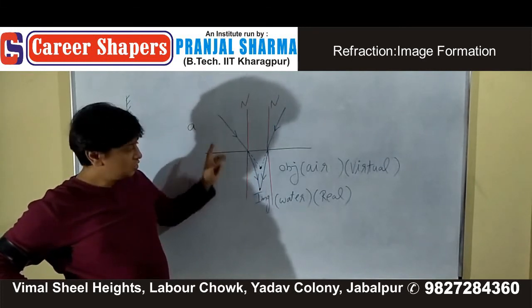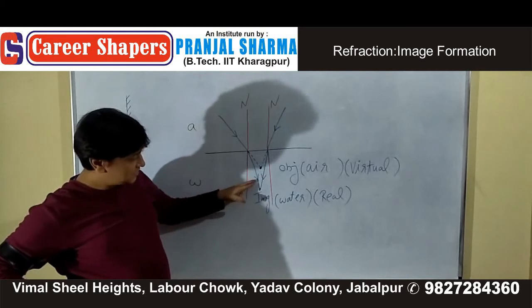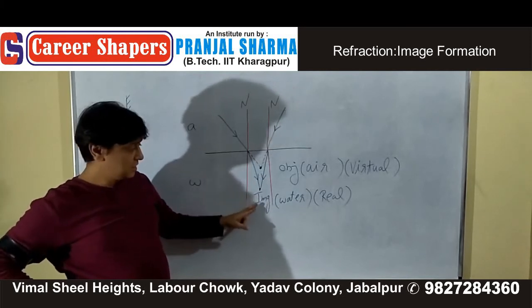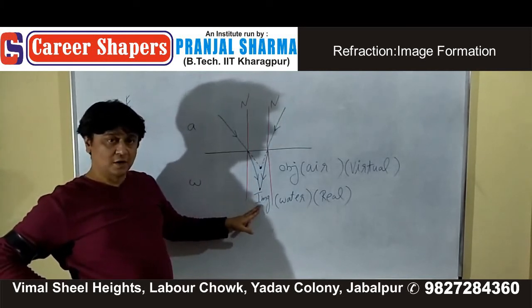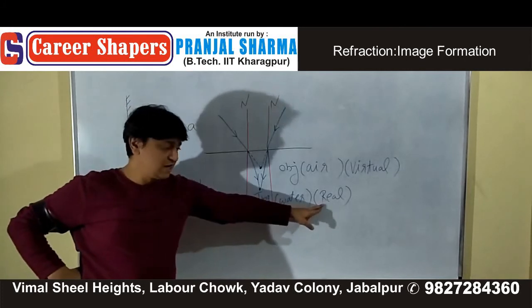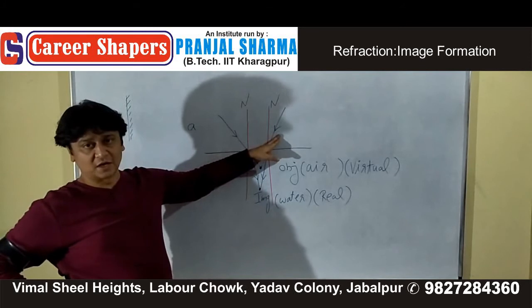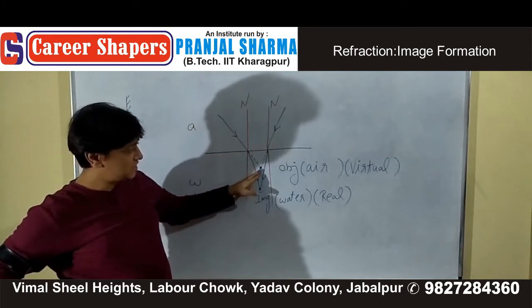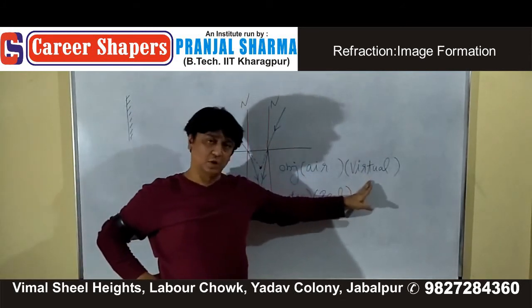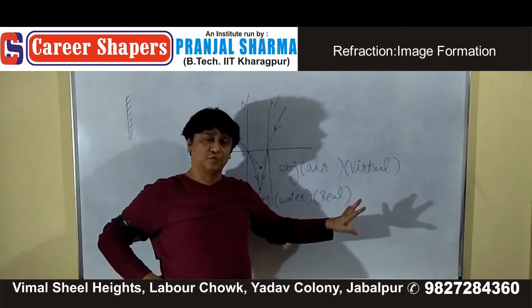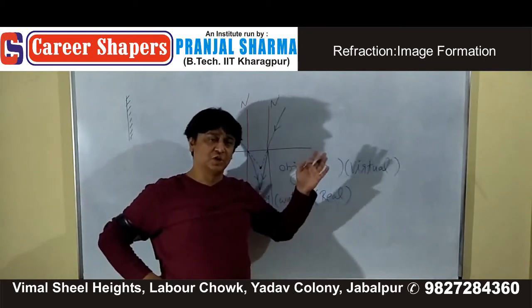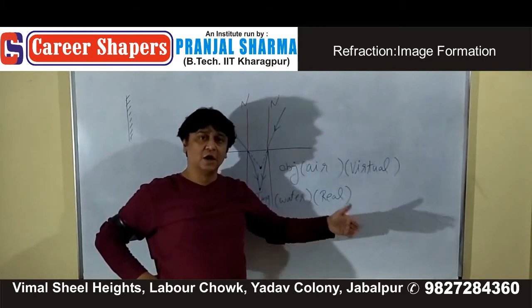Refracted ray. If this is the incident ray, it is the object, and that object is what? Real one. These are what? Refracted rays, and therefore this thing is what? Virtual.